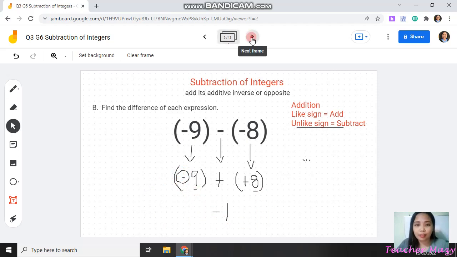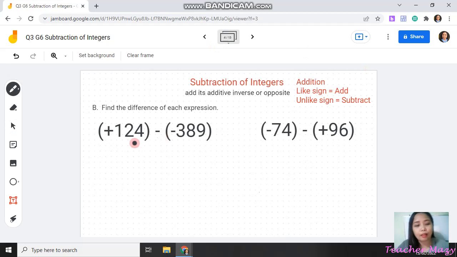Okay, next example. For example, we have positive 124 minus negative 389. First step, just copy the first term, so that is positive 124. Then change the operation, so from subtraction, it becomes addition.